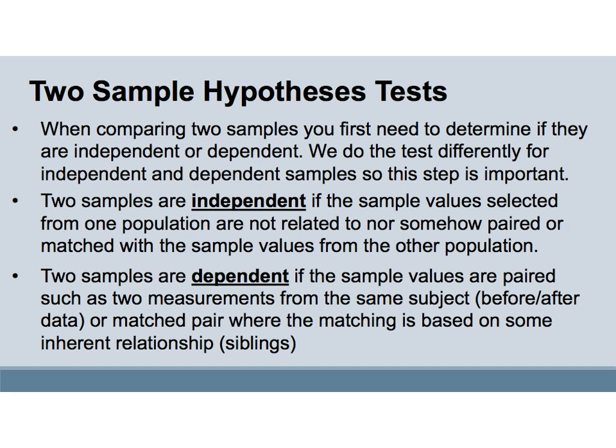Some examples of dependent is before and after data from when it's the same subject, or sometimes it can be matched pairs where there's some kind of inherent relationship, like they're siblings, or they'll even count married couples sometimes if it has something to do with you being married in particular, where you live in the same environment.